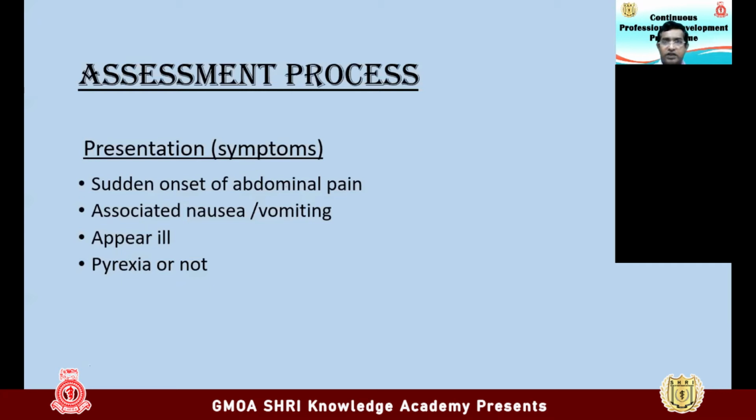And depending on the patient's general appearance, whether the patient is ill-looking, or fairly all right and mobile, or lying still in the bed, or jumping from the bed, moving and screaming. And whether the patient has fever or not. These things are important for us to have an understanding about the patient.